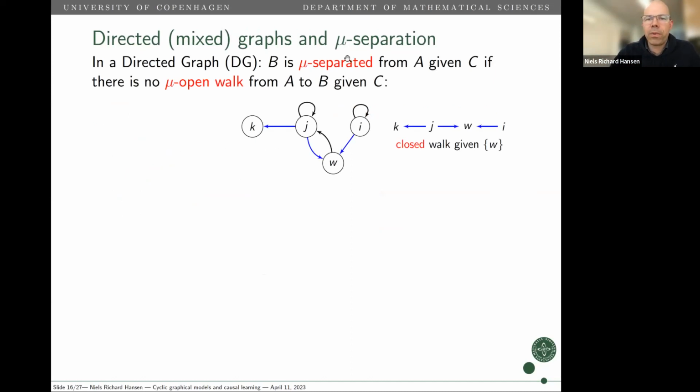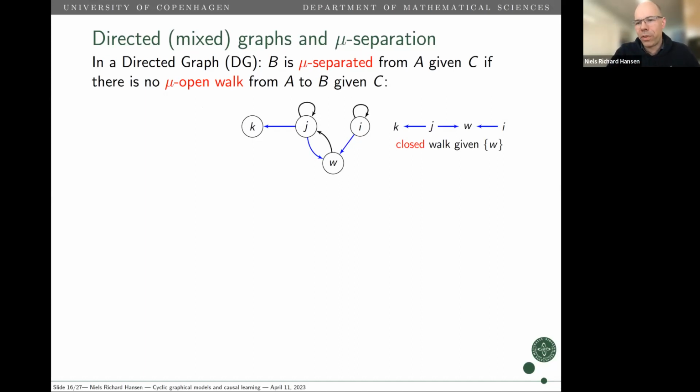This is what we call mu separation, and this is kind of an analog of m-separation or d-separation, but in the context of these local independence graphs. We can define it for any directed graph. And it's defined like most other separation concepts: we say that we have mu separation if there is no mu-open walk from A to B given C. So we need to define what it means for a walk to be open.